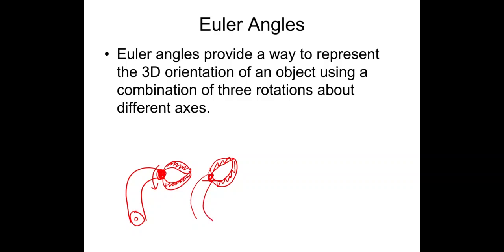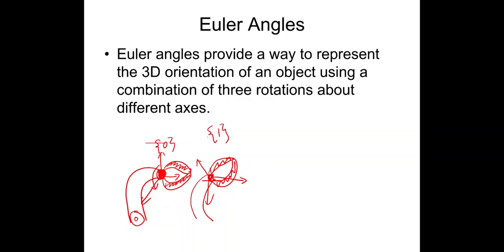This is my original position. I call it frame 0 because I want to use a frame to represent this position. And then I rotate to whatever orientation, and I name this orientation frame 1.